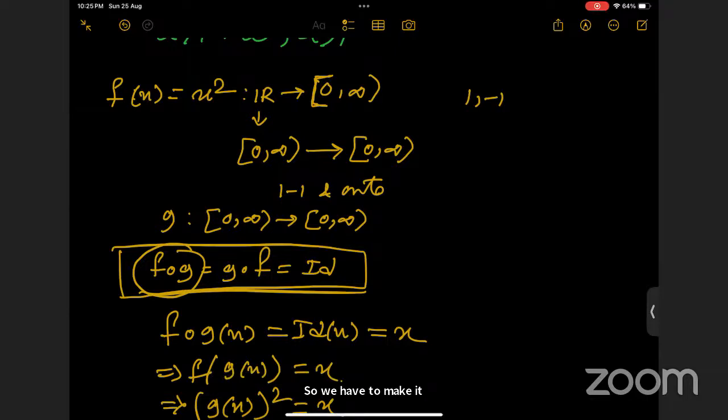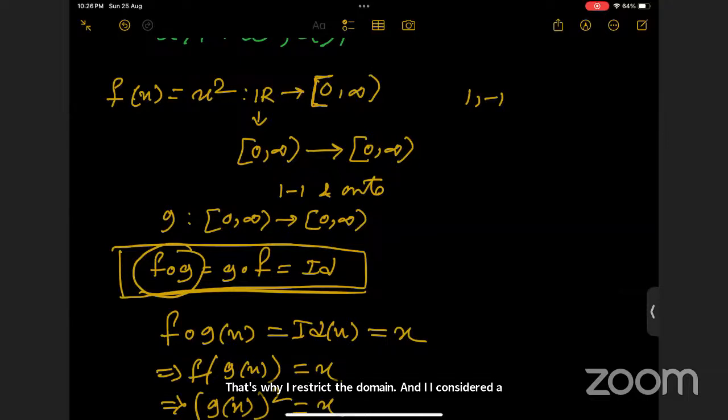In this case, I wanted to find an inverse, but R was the domain of the function. There was no problem with that, but in this domain the function was not one-one. That's why I restricted the domain and considered a new function with the restricted domain.